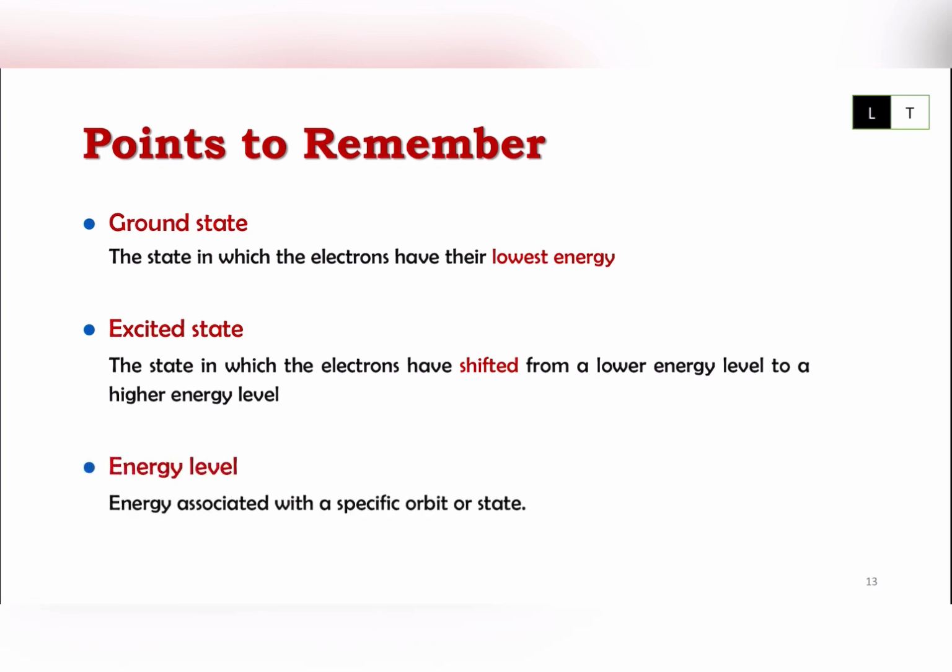This is the energy associated with a specific orbit or state. And usually it depends on which shell the electron is positioned in. So I hope all of you understood the theory of Bohr's atomic model and how the four postulates that I've introduced to you explain the movement of electrons in an atom.